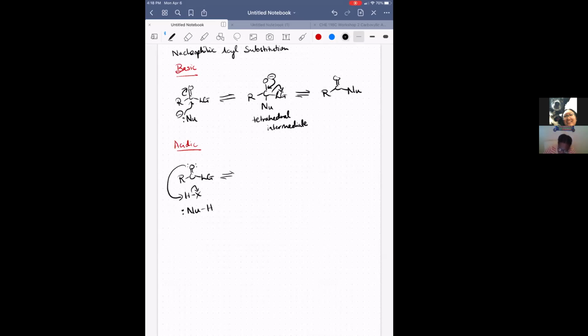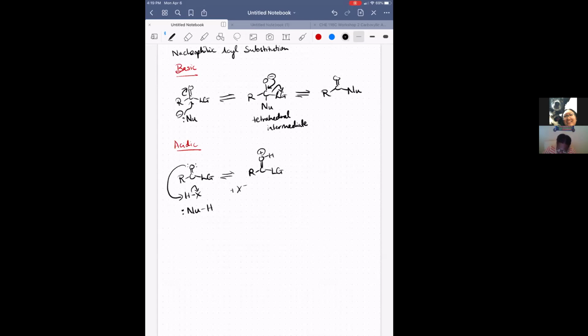So in this reaction we have R, C, O, which now has a hydrogen and a positive formal charge. We haven't lost our double bond. We have a leaving group present, and we've also generated X minus, which I'm going to write in a slightly different position so it's out of our way.